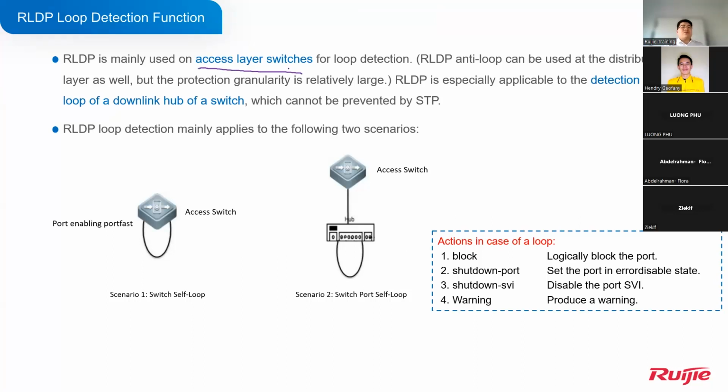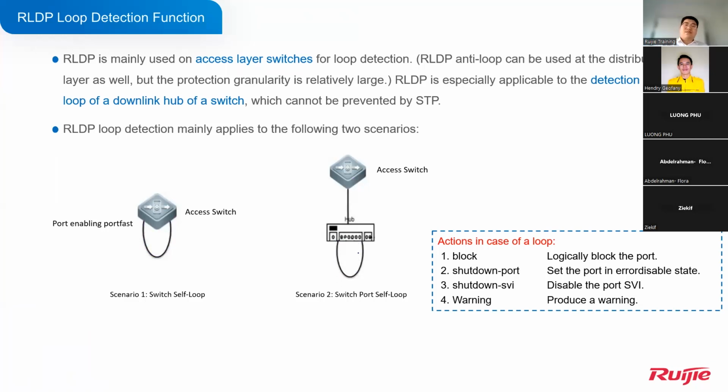Even though IODP is also a kind of loop detection protocol, it's mainly used to detect the local loop. In these two scenarios, for example, this is an access switch. We use a cable to connect two local interfaces, or it's connected with a hub, but on the hub we have a cable connecting two local interfaces.